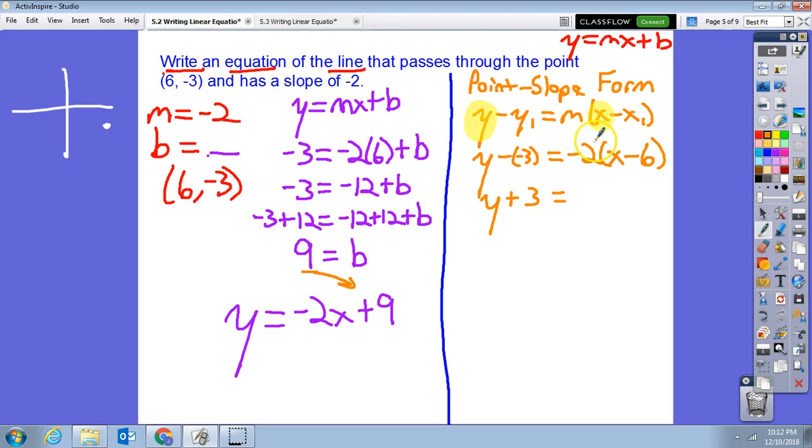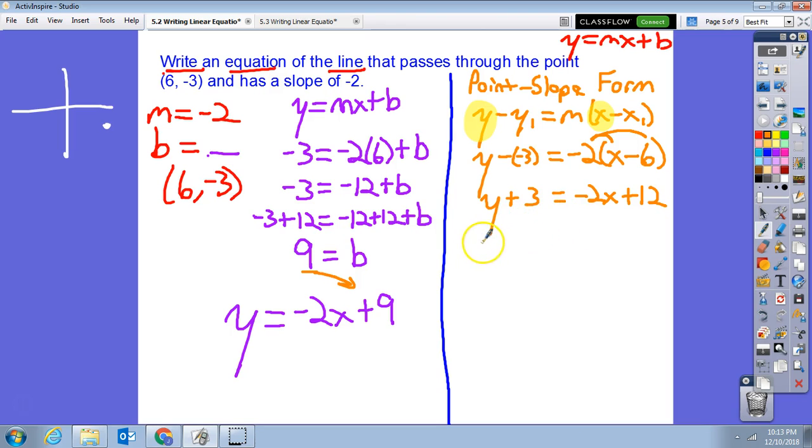Over here, you distribute the negative 2 times x is negative 2x. Guys, think about it. That's your slope. It'll always be beside x. Negative 2 times negative 6 is positive 12. Notice you're doing the same amount of math that you did over here with multiplying.